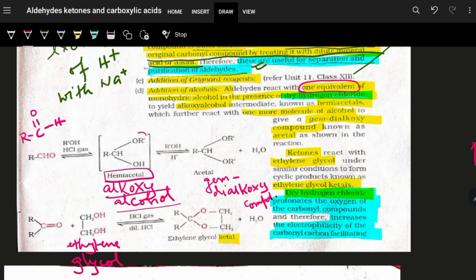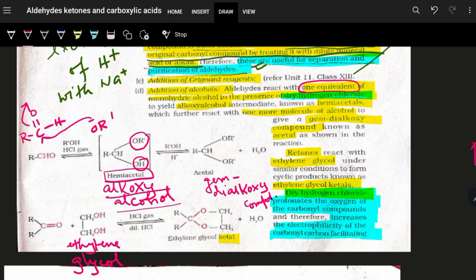Because the same carbon is having alkoxy as well as alcoholic OH group. How are we getting this? O minus is holding this OR dash and it's attacking here. So you got R, CH, O opened up to hold R dash, and then you got what?